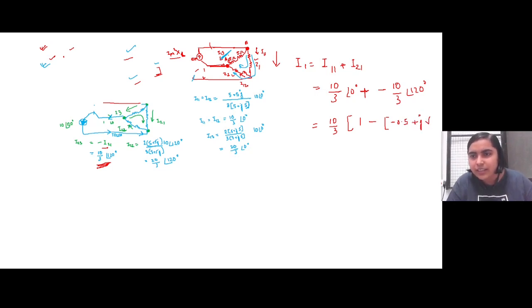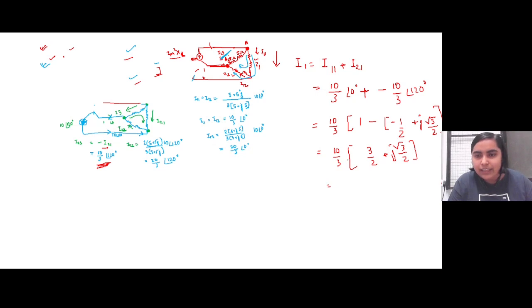Let us write in terms of numerator and denominator instead of decimals, it will be easier to calculate. Cos 120 is minus half, sine 120 is root 3 by 2, so it is 10 by 3 times 3 by 2 plus j root 3 by 2.